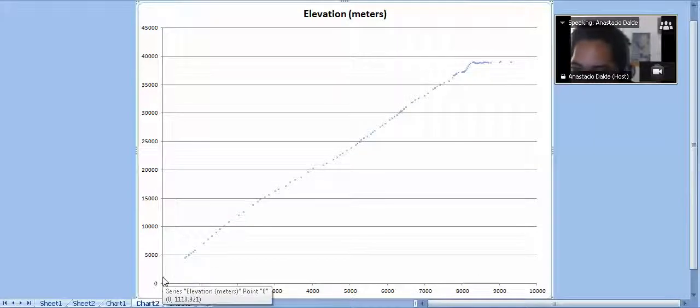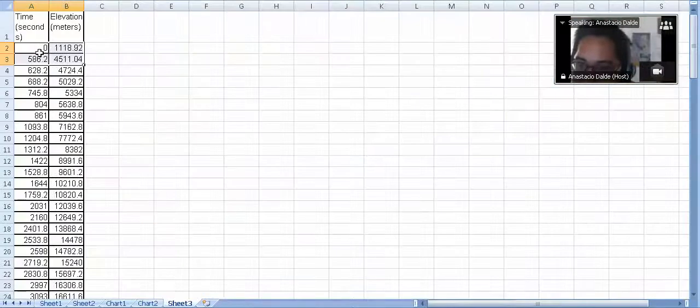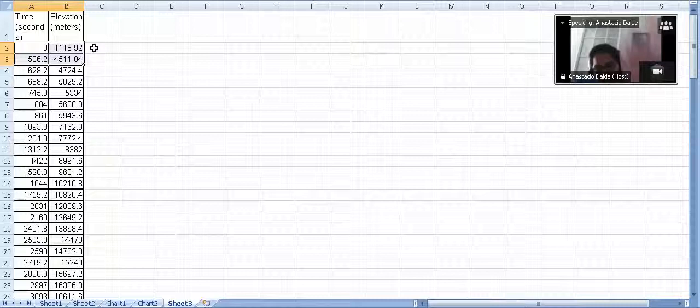See, the point 0, 1118, and the point 586, 4511. Cool? This is the actual application of what you're learning in math class, which I think is really cool. Because what you were learning in math class is how to figure out the slope of a line and all that kind of stuff. Well, this is what we're doing. This is what you do with it.